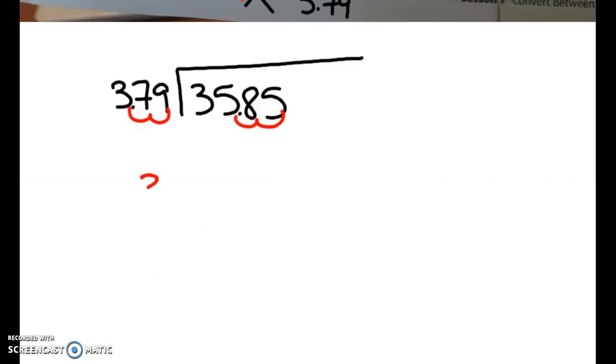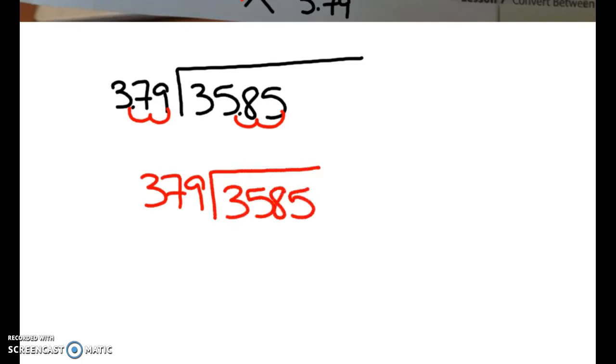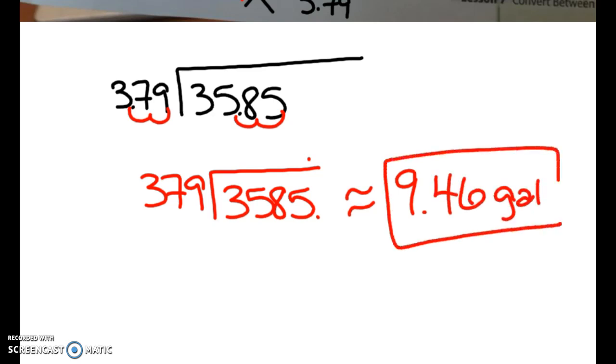So the problem that I should be solving is 379 into 3,585, and there's my decimal. In the interest of time, I'm not going to divide this out, but you should get somewhere close to 9.46 gallons. Okay? So show your work here, though. I want to see how you solved for this.